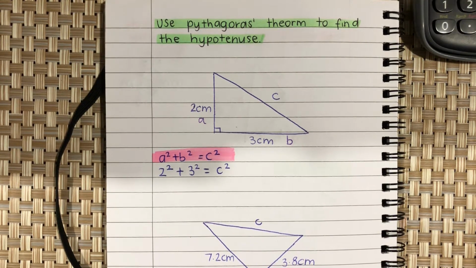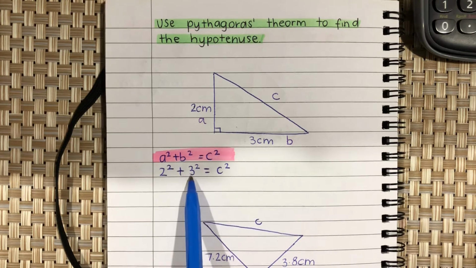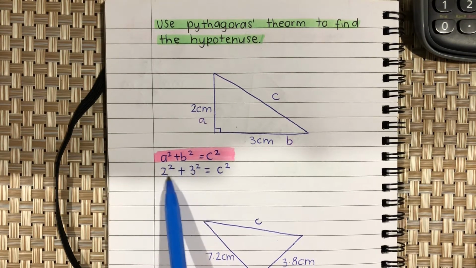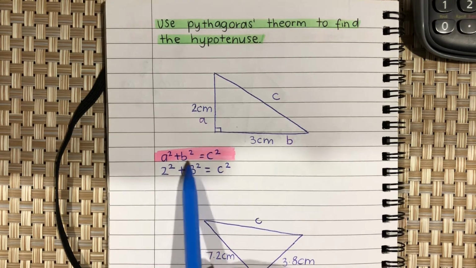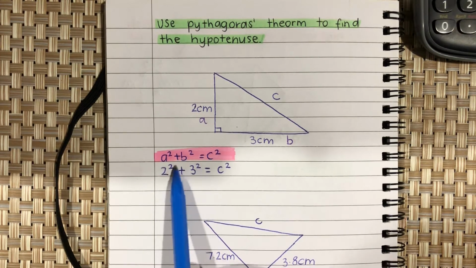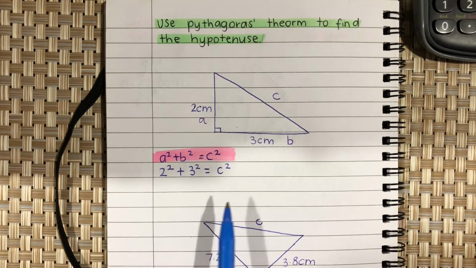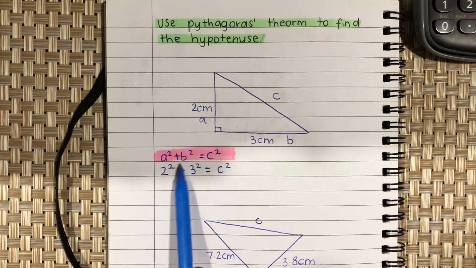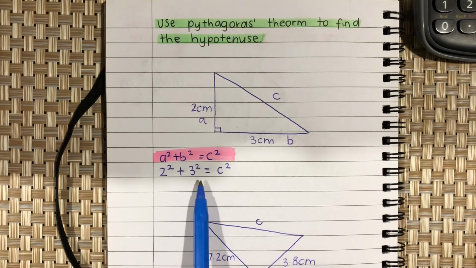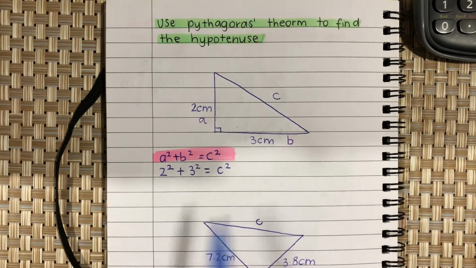Now there are 2 ways you can do this. The first way is by actually calculating what this is as an answer, and then moving on to the next step, or you can literally just leave it like this and then go to the next step. So I'll show you both.